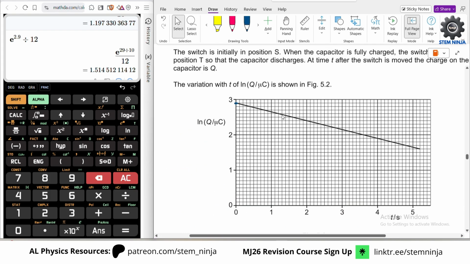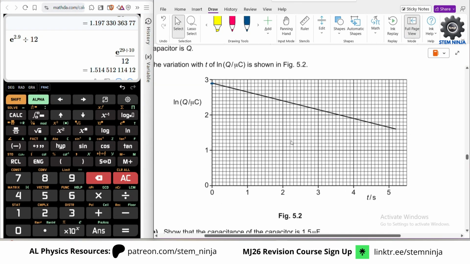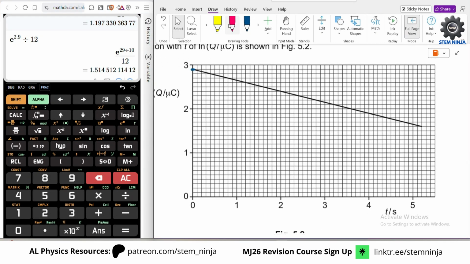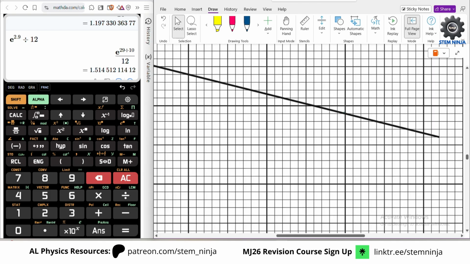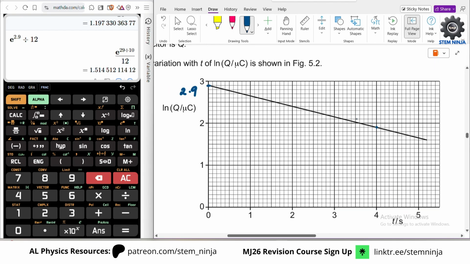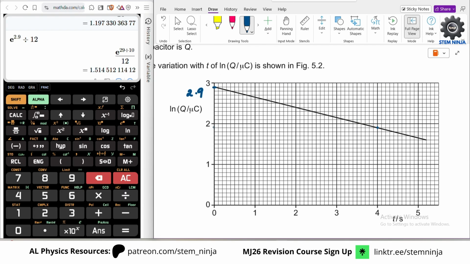We have the 2.9 over here. Now we need another point, any reasonable point, like this one over here. This is 4 seconds, 1.9.